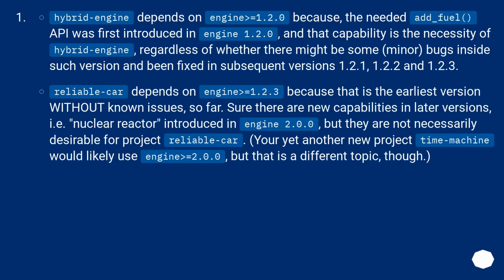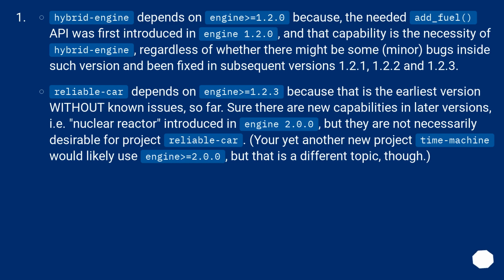Hybrid engine depends on engine>=1.2.0 because the needed add_fuel API was first introduced in engine 1.2.0, and that capability is the necessity of hybrid engine, regardless of whether there might be some minor bugs inside such version that have been fixed in subsequent versions 1.2.1, 1.2.2 and 1.2.3.